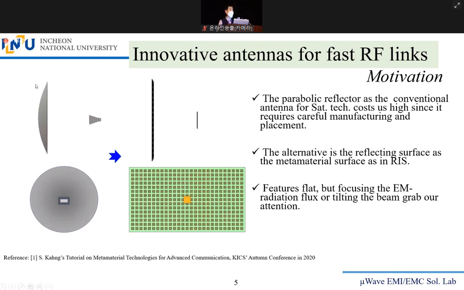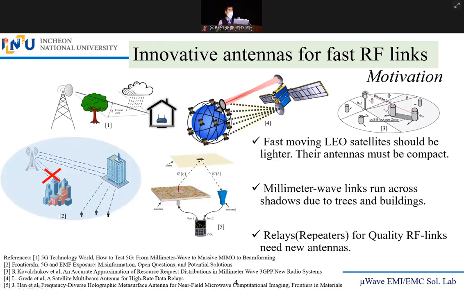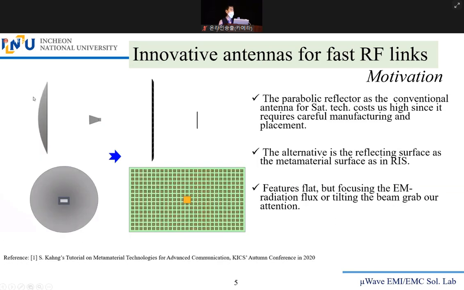We are interested in this type of antenna. You saw here, most of the antennas you use from the ground or from the geostationary or the LEO satellites will be reflector antenna. The side view looks like a quadratic function in mathematics or parabolic or parabola.